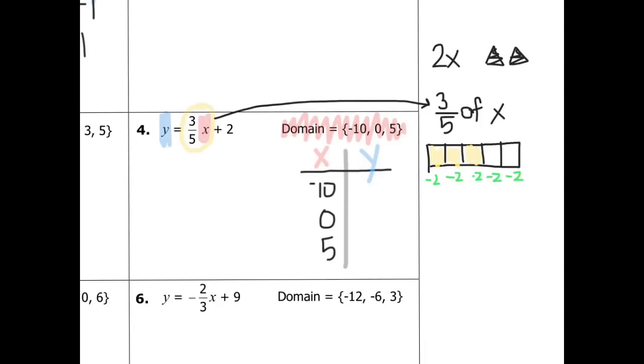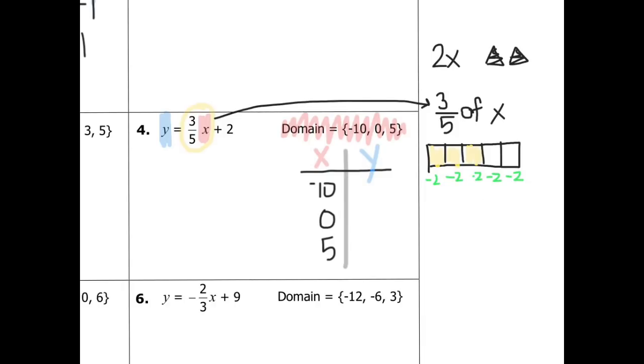Each part of my fifths is worth -2. So now if I go back and take a look at what 3/5 is, 3/5 of -10 is just these 3 squares instead of the whole 10. It's -2 plus -2 plus -2, which is -6.